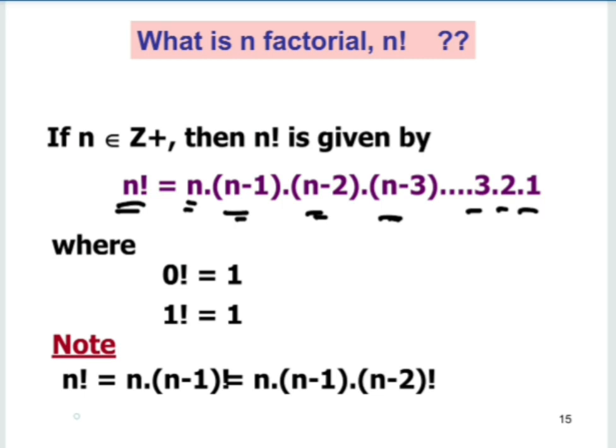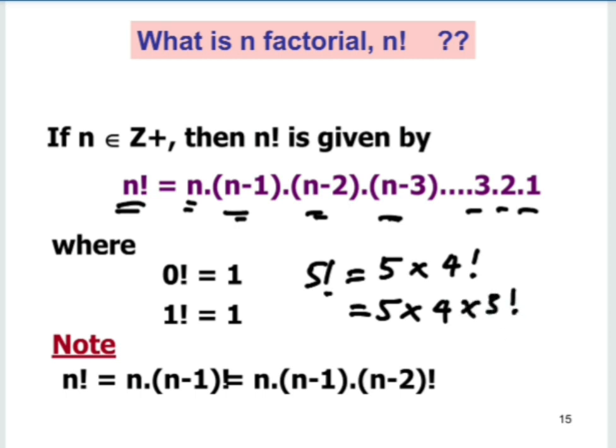Take note that n factorial equals n times (n minus 1) factorial. For example, 5 factorial can be written as 5 times 4 factorial, or you can write it further, 5 times 4 times 3 factorial. If you want to stop at 3, you have to put the factorial there. That is how we deal with factorial.